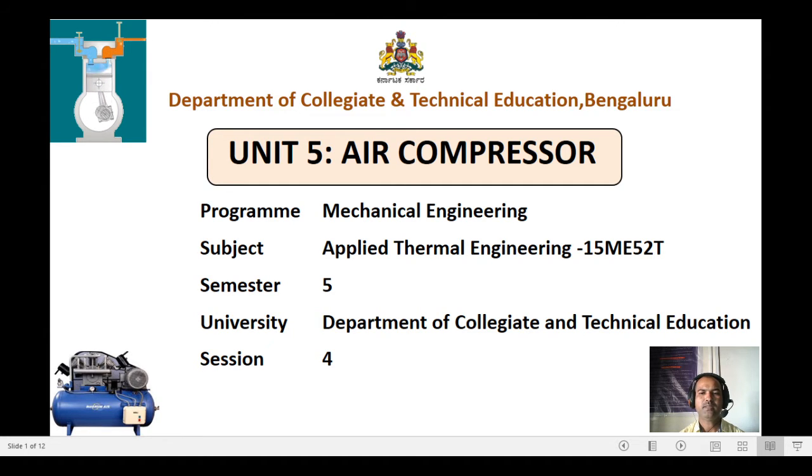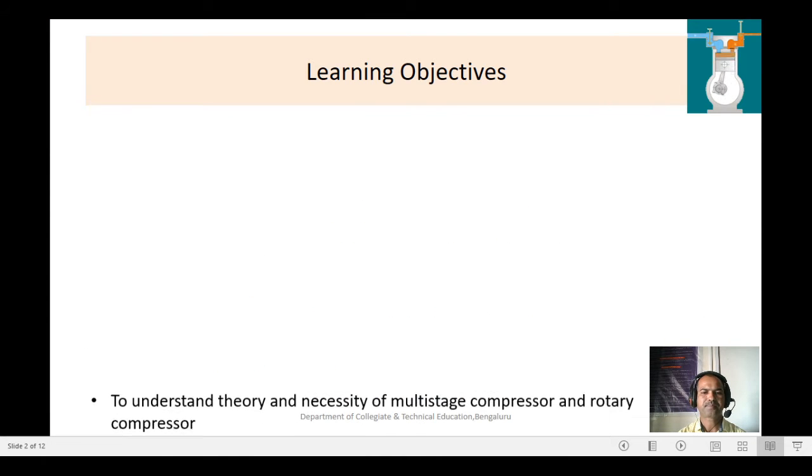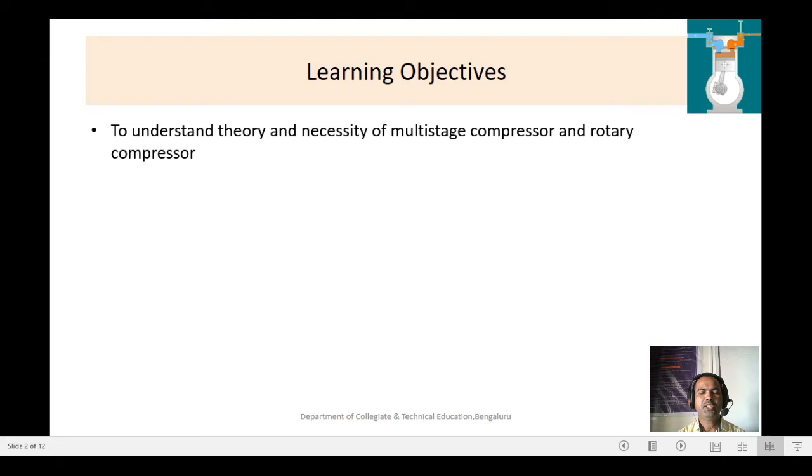So dear students, in this session we are going to learn about the multi-stage compressor, what is the need of the multi-stage compressor, and also we are going to compare the multi-stage compressor with the single stage air compressor.